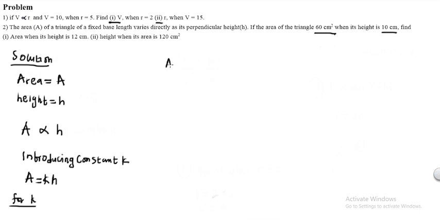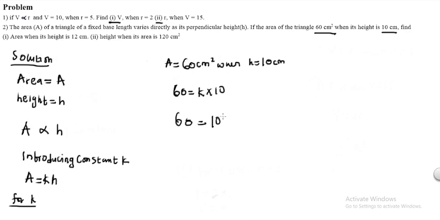For k, we know that A is 60 centimeters square when h is 10 centimeters. So we simply plug all these things inside our equation to get our value of k. So that means we have 60 is equal to k times 10, which is 10k.